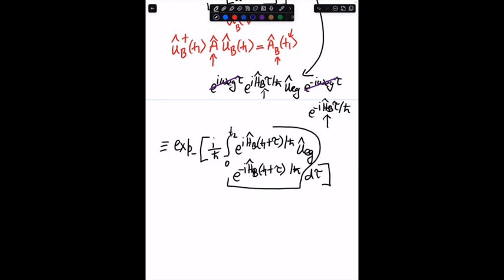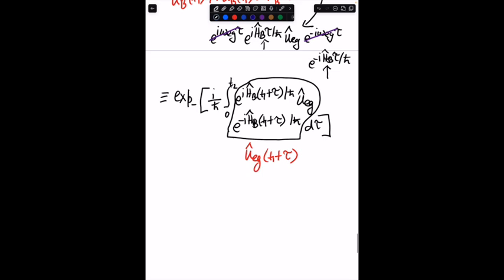So this full thing is just your μ_eg at t1 plus τ, and what that gives you is a negative time ordered exponential from 0 to t2 of μ_eg(t1 plus τ) dτ.